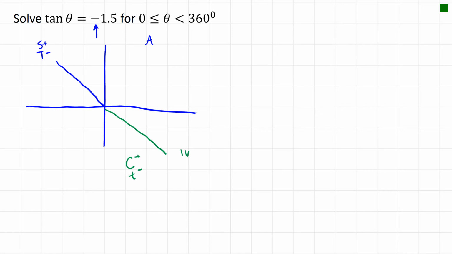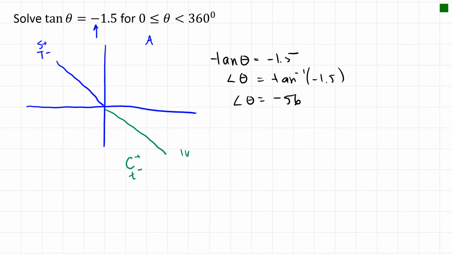So I've identified the two places where the tan is negative, and now I use my calculator to help me figure out what the angle actually is. So the tan of theta is -1.5, so we're going to take the inverse tan of both sides, and you should get an answer of -56.3 degrees.